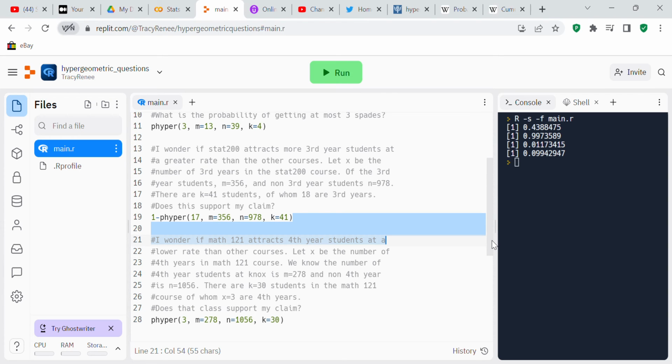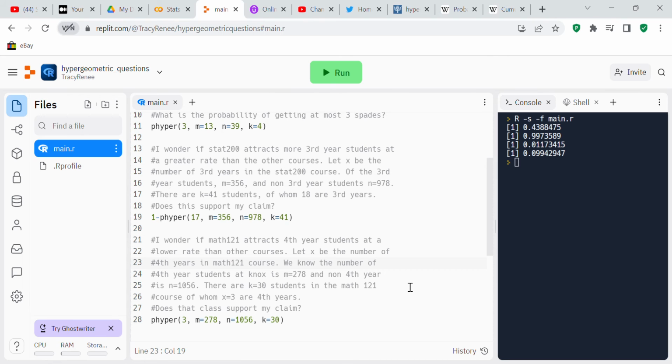So we have the last example. I wonder if Math 121 attracts fourth year students at a lower rate than other courses. Let X be the number of fourth years in the Math 121 course.